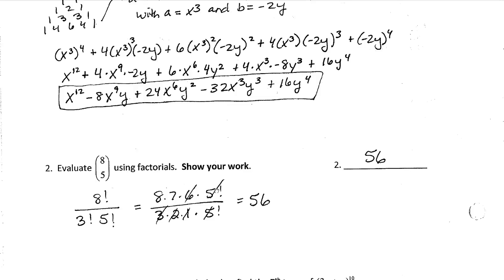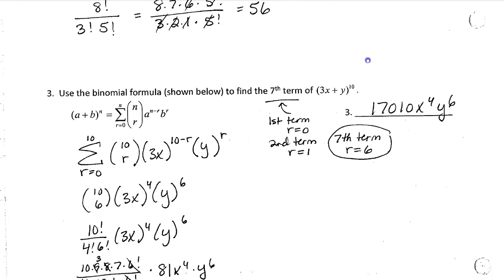And so this ends up being 8 times 7 times 6 times 5 times 4 times 3 times 2 times 1, which is the same thing as the 5 times 4 times 3 times 2 times 1 in the denominator, so I can just write 5 factorial when I get to this point and reduce that with the 5 factorial below it. The 6 divides by the 3 times 2, and then what's left over is 8 times 7 is 56.